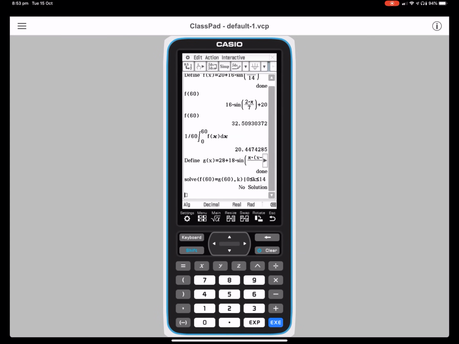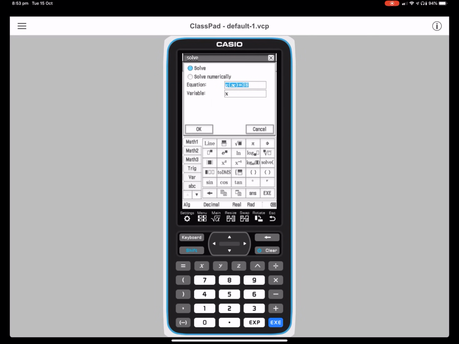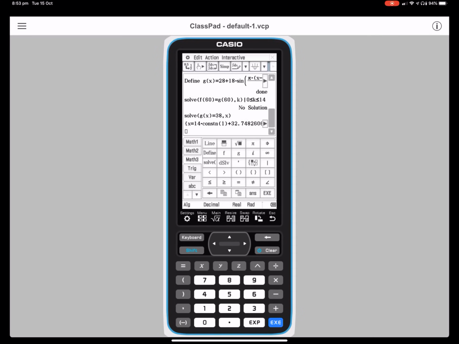So g of x equals 38. Solve, and we only want 60 is less than x, which is less than maybe 80. So 60.7482.